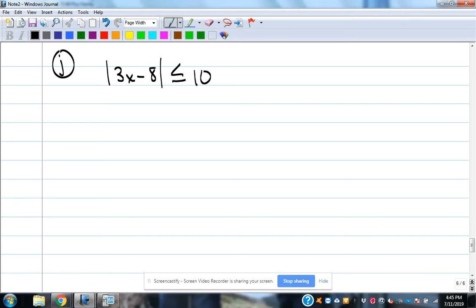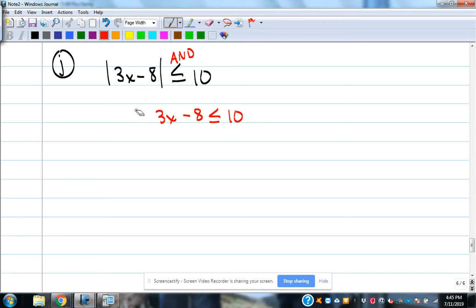So that tells me that this is what kind of problem? And problems are set up a little bit differently. The way that I like to set them up, and the way that I teach you to do that, is take the 3x minus 8, put it right here, and then take the absolute value marks off of it and put less than or equal to 10, just like the original problem.